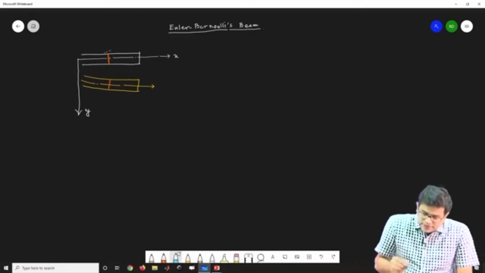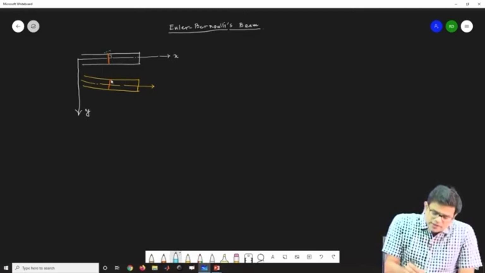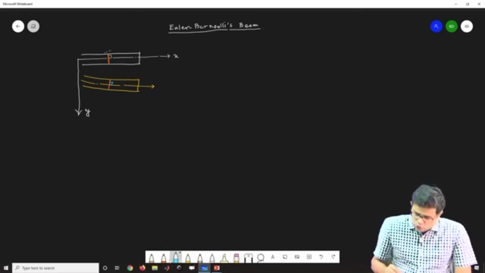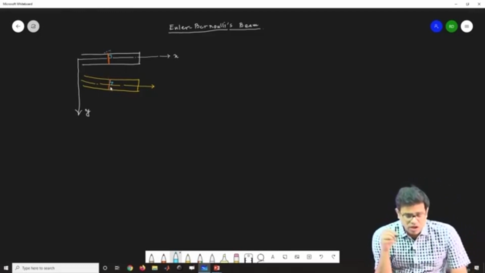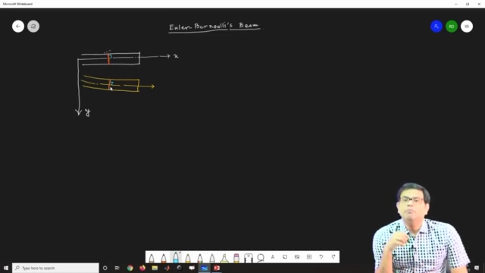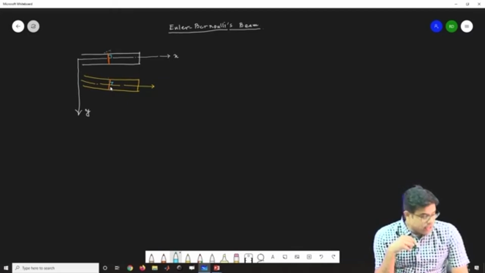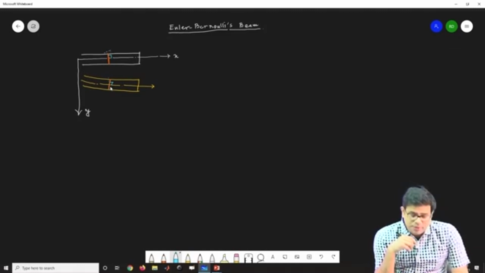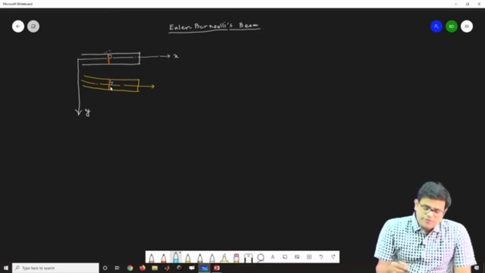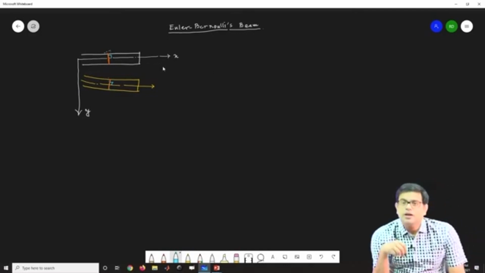That means this angle does not change. This is the basic assumption, what we studied in first year mechanics, that plane sections remain plane before and after bending, and obviously this beam deflects along the vertical direction, up and down.